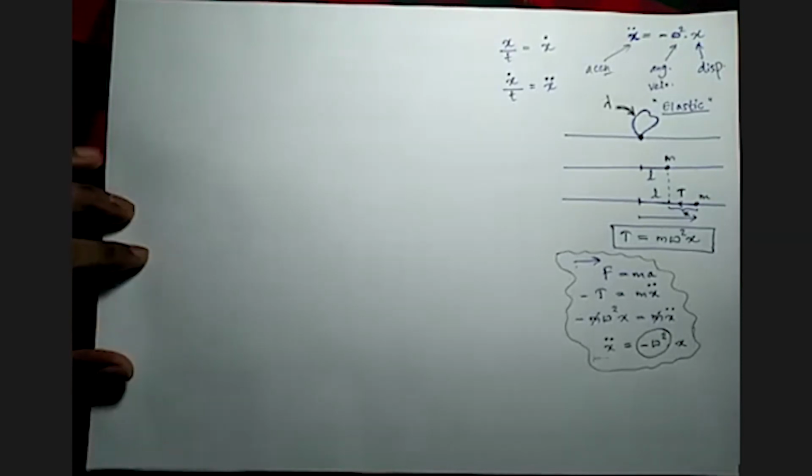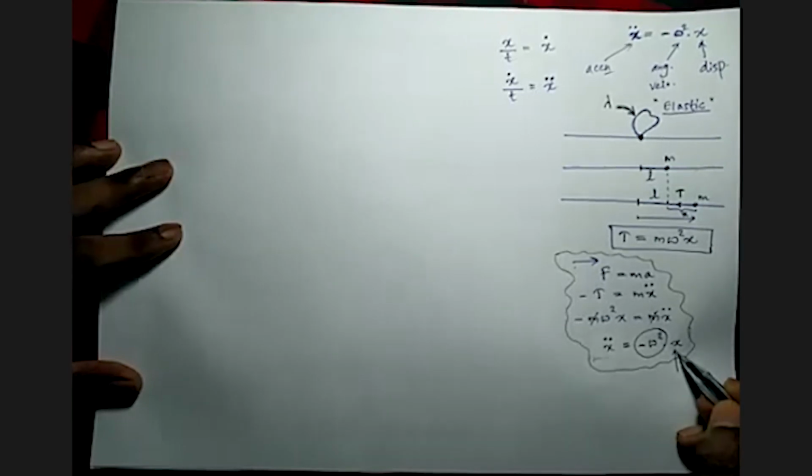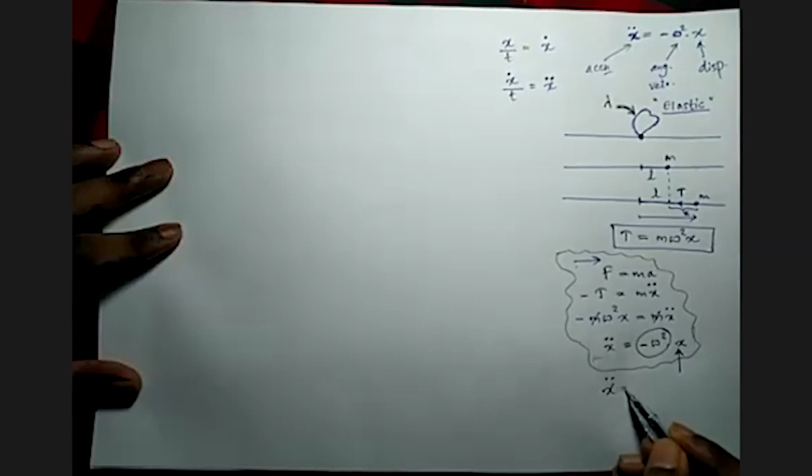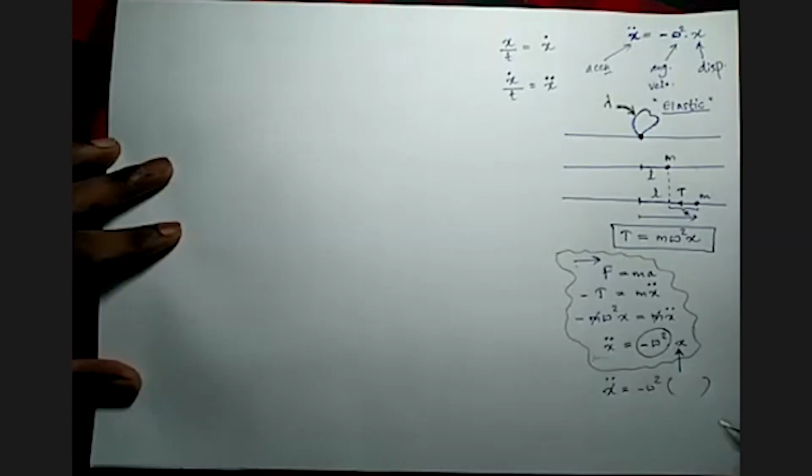But in some advanced problems, you will have the x part inside a bracket. That is the difference. Here you may have x minus a, x minus 2a, x minus a by 2.